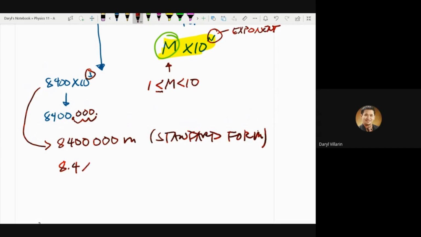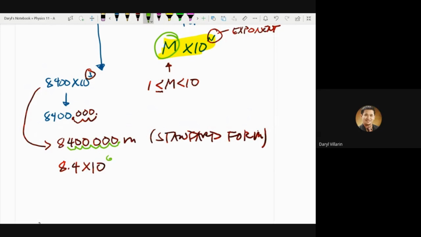Now, for the exponent part, times 10, what would be the value of n? In this case, you're starting with a big number, so your decimal place is here. If you move to the left and count the number of places, that's 1, 2, 3, 4, 5, 6. So that's to the power of 6. And it's positive because you're moving to the left.